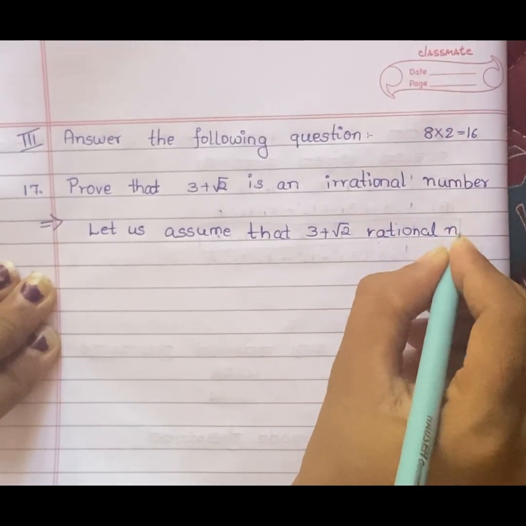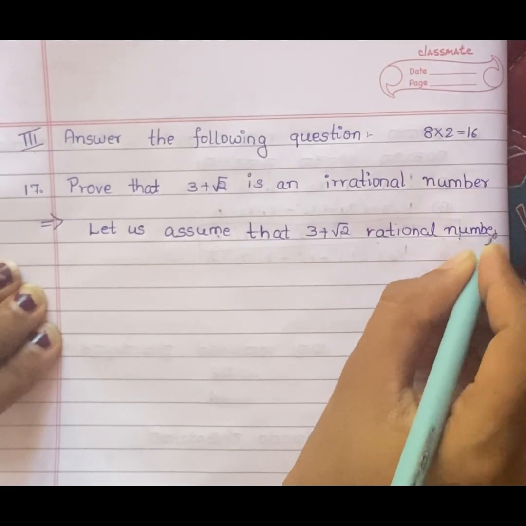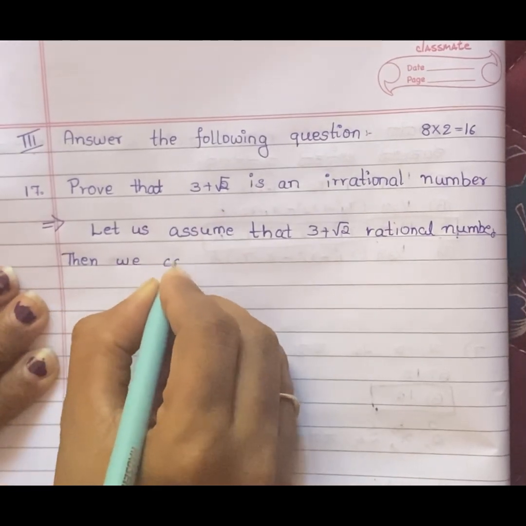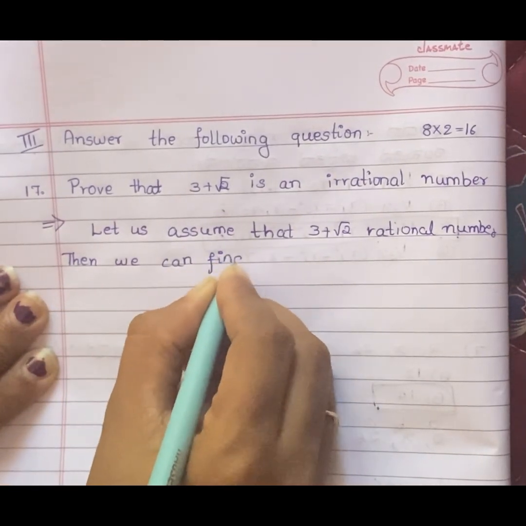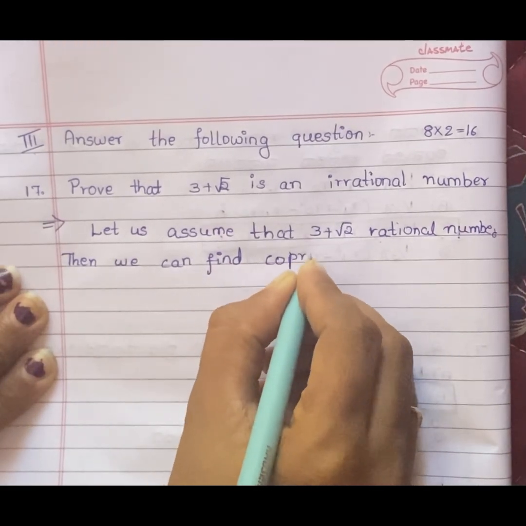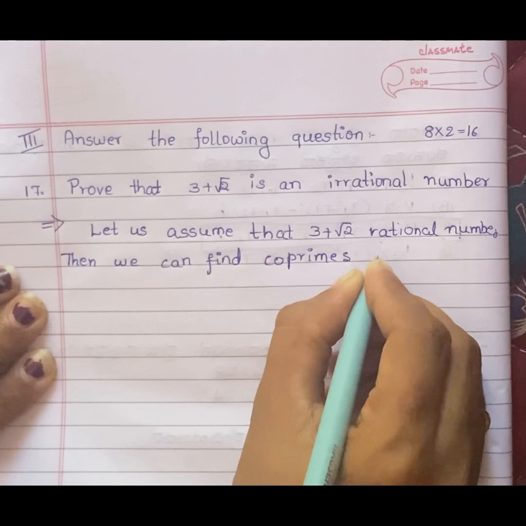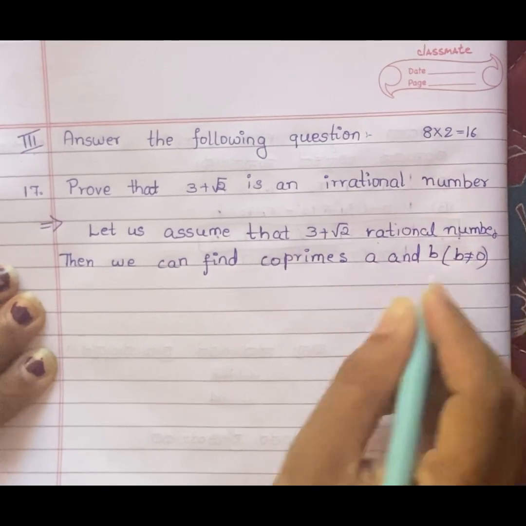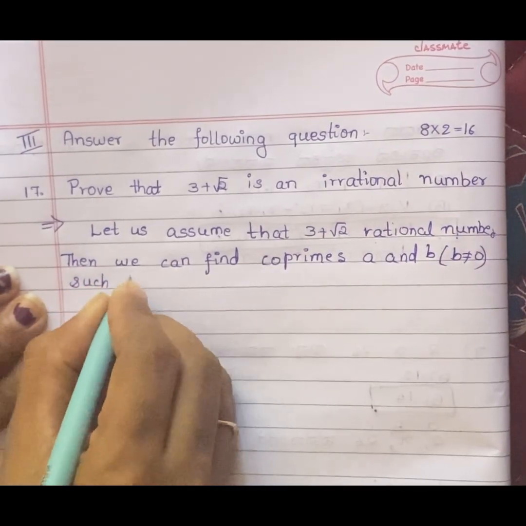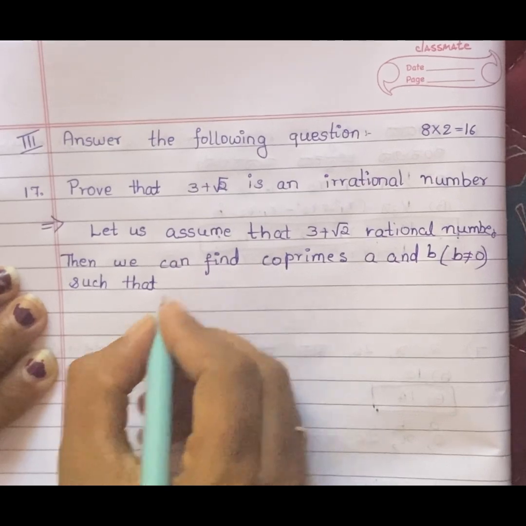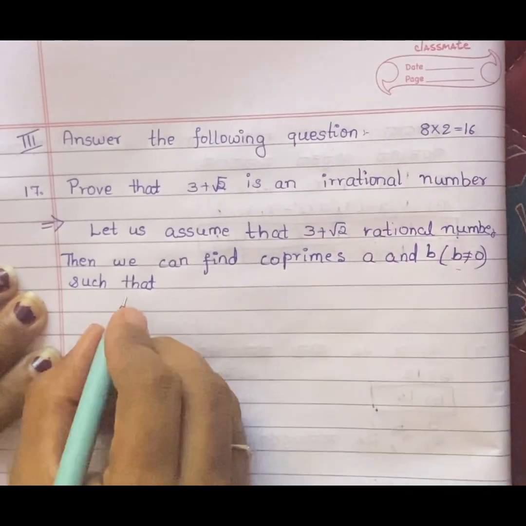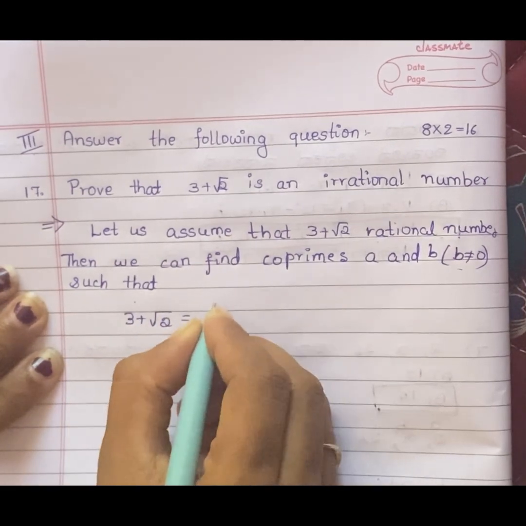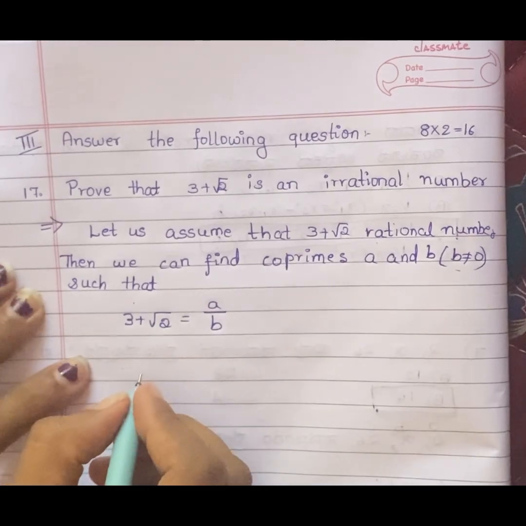Then we can find co-primes A and B, where B is not equal to 0, such that 3 plus root 2 is equal to A by B, if it is a rational number.